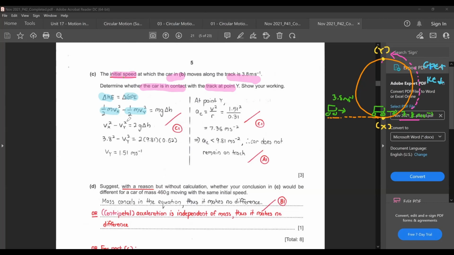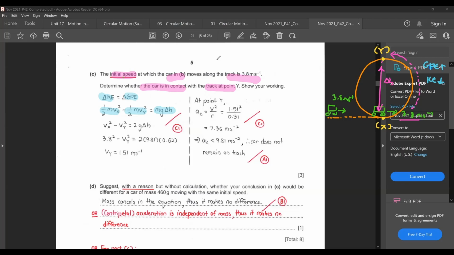I already explained to you why it is the bottom minus the top, because the bottom is usually the larger KE. So half m vx squared minus half m vy squared equals mg delta h. Your delta h is obviously just going to be this part here.